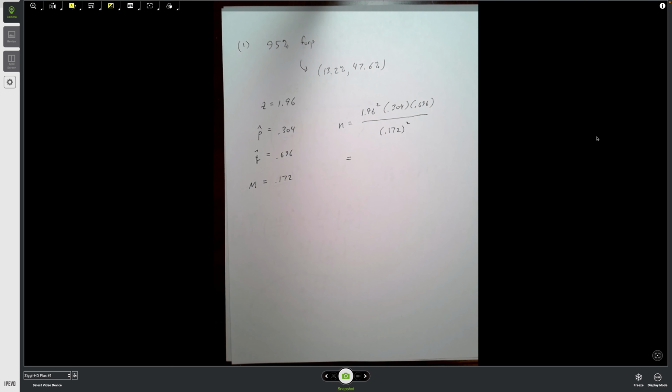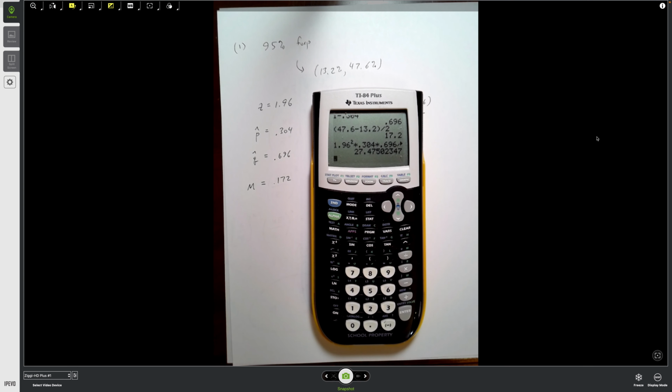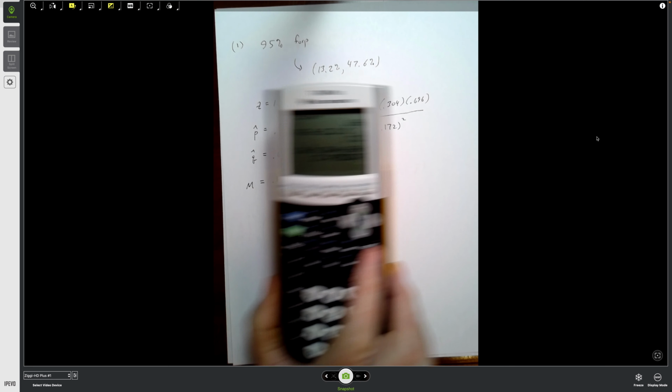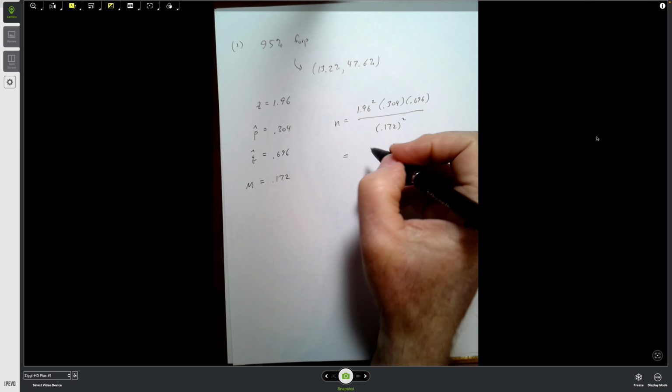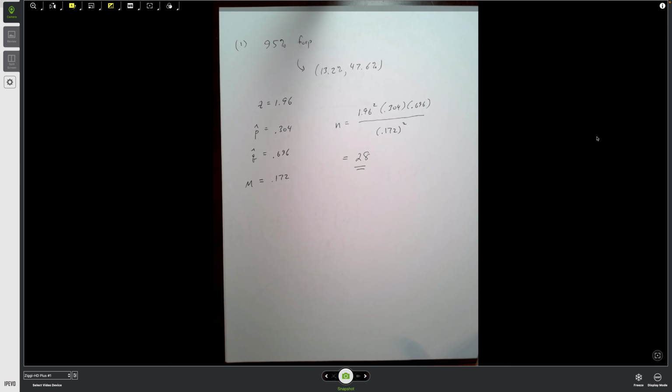So if we can put all that in our calculator without doing something insane. And when I do that, I get 27.48. So I would need to round that up. So the sample size that I would need to create this interval would be 28.